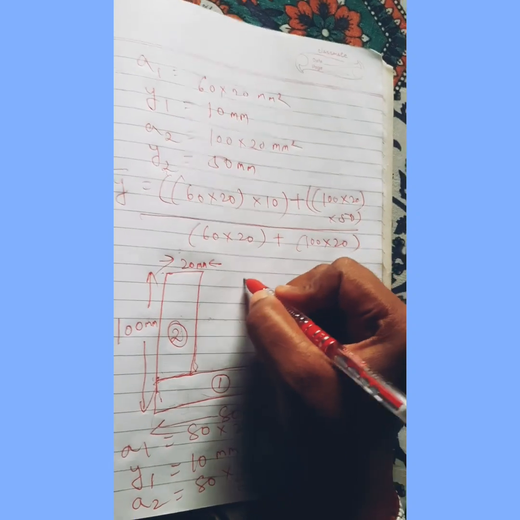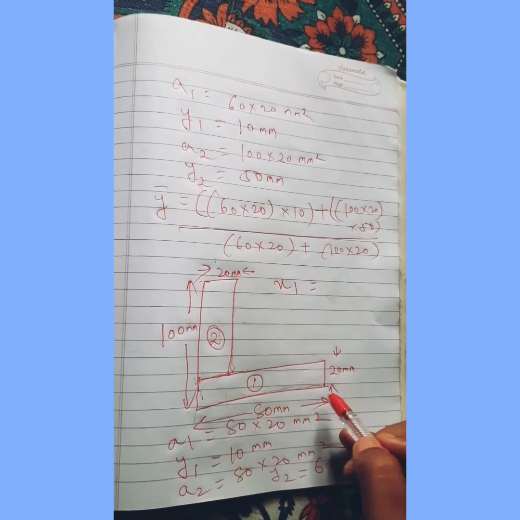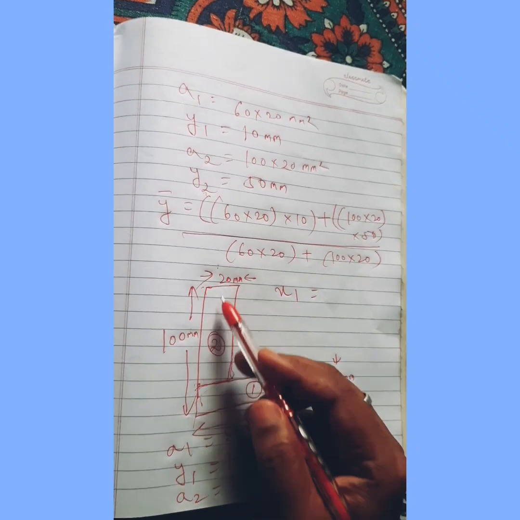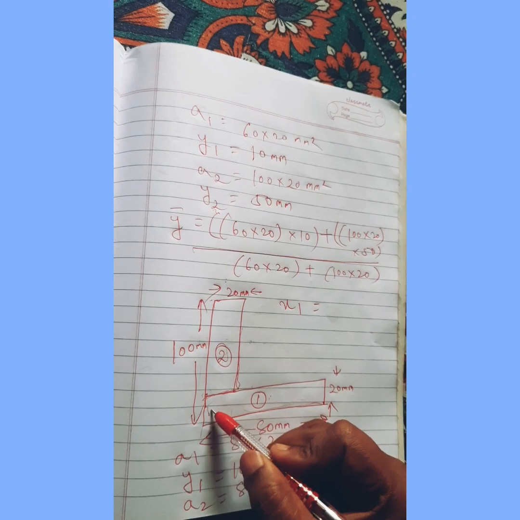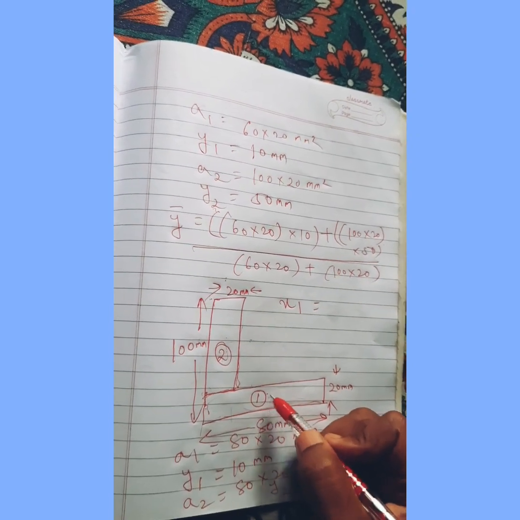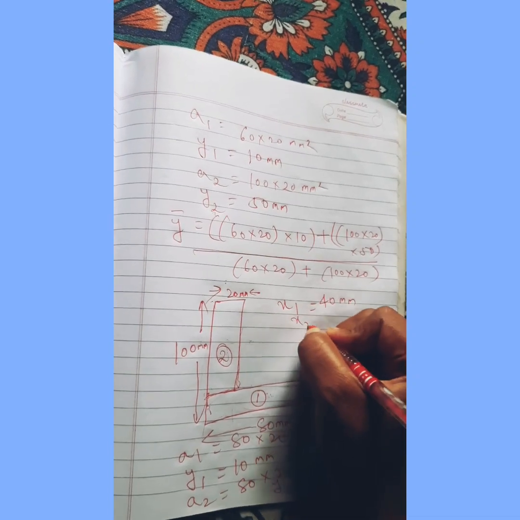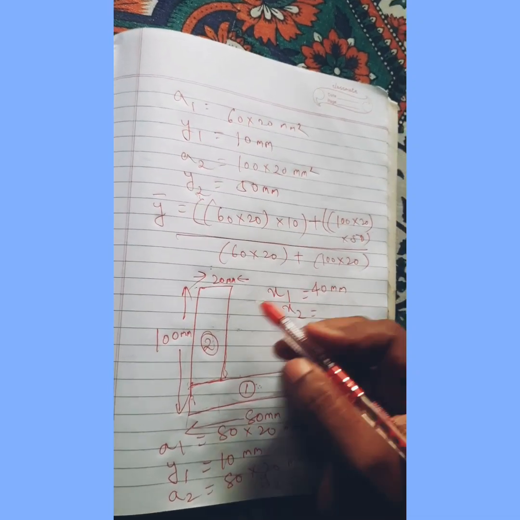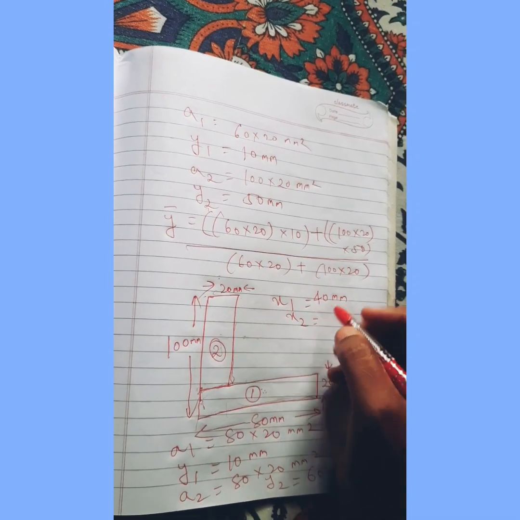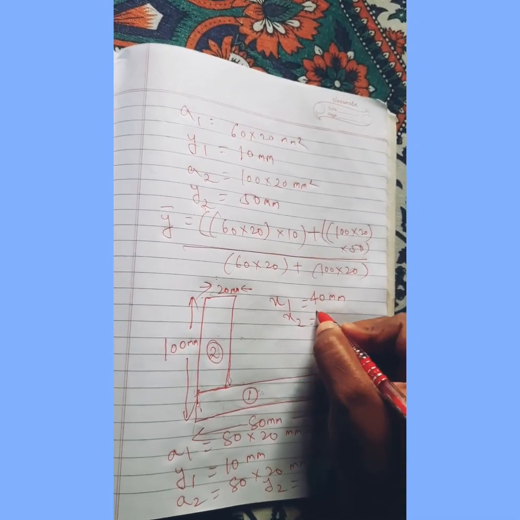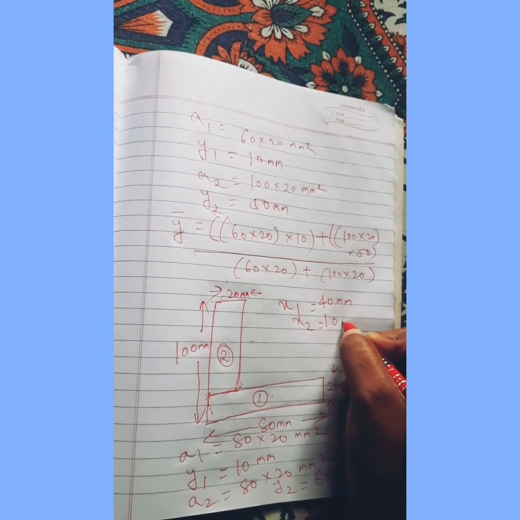Similarly, we will check the x coordinate. So for this section, x1 equals 80 by 2, that is 40 mm, as we have taken this surface as a reference. Similarly, x2 equals 20 by 2, that is 10 mm, with this surface as a reference.